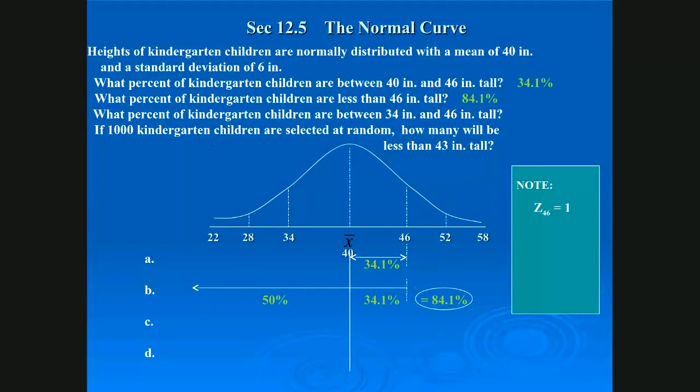In example C, we're finding what percent of kindergarten children are between 34 and 46 inches tall. Well, our z-score for 34 is 1 because we're one standard deviation below the mean. And our z-score for 46 we already know is 1, which is 34.1%.